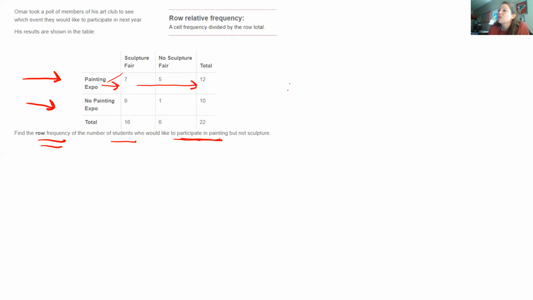So our total is 12, that's our denominator. But we also want to know how many are not participating in sculpture. So of those 12 people, 5 are not going to participate in the sculpture fair. All right, do you understand that? So you have to get the total of the first criteria and then get your numerator.